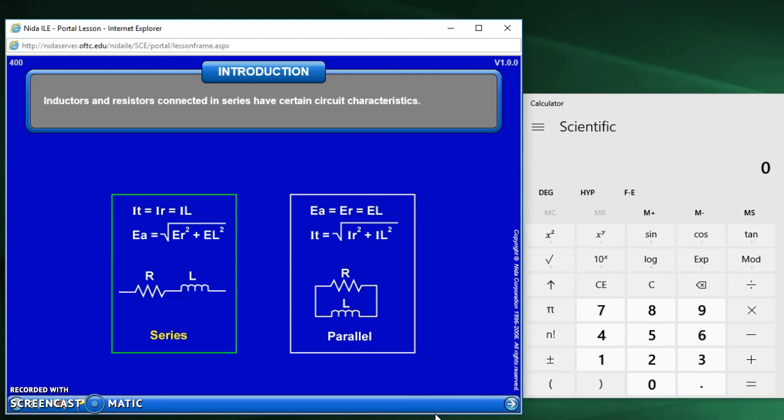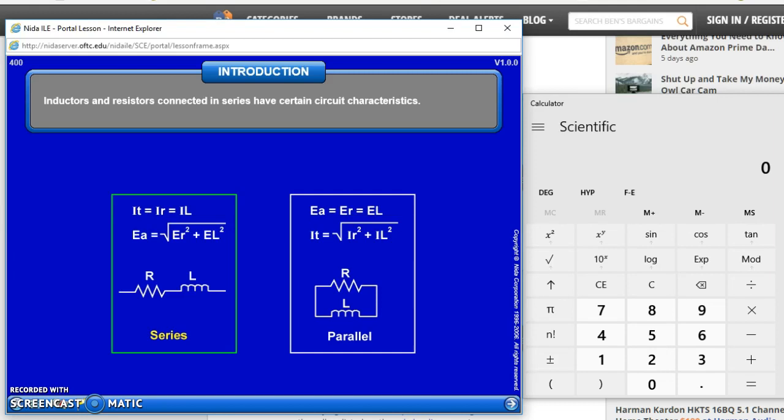We got some differences in parallel, and that's the voltages are the same when there's a resistor and a coil in parallel, but current is going to differ a little bit, or actually a lot. So we're going to see that as we go through, and you need to go ahead and write that formula down now because, trust me, you're going to need it. So hopefully you've got those formulas written down, and we'll advance on to see what's next.